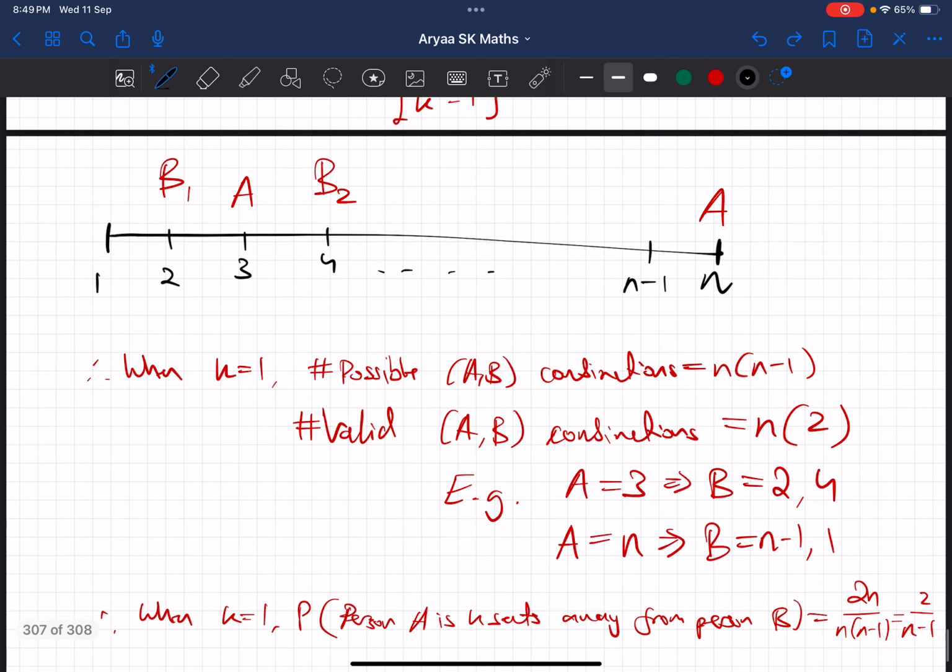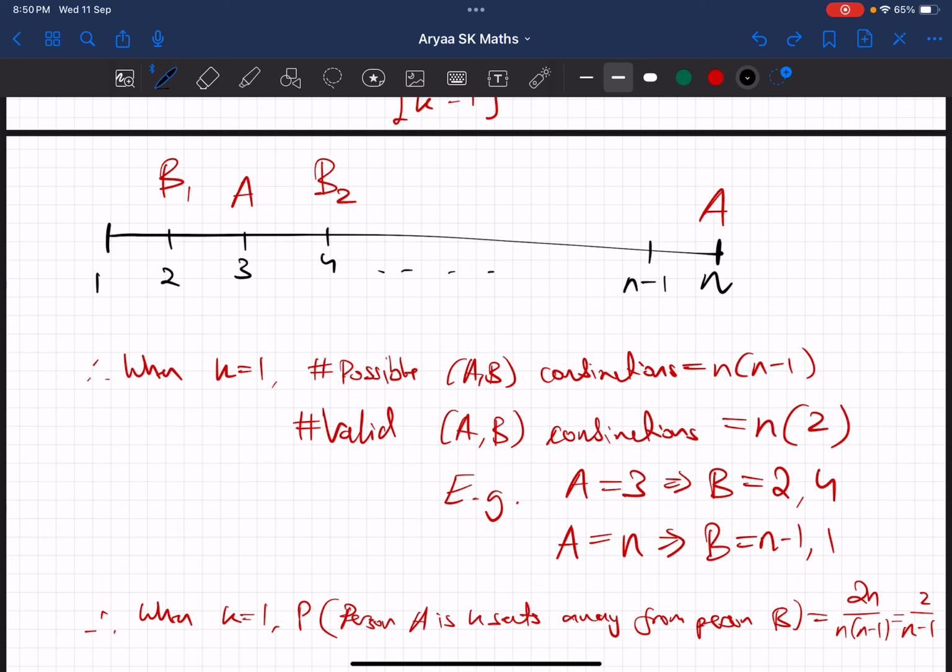We can pick where A is, and that will give us all our solutions for B. But will that give us all our possible solutions? Okay, yeah, I believe it will, because A is going to be put on every single spot, and then for every single possible position of A, we're going to get the corresponding position of B.